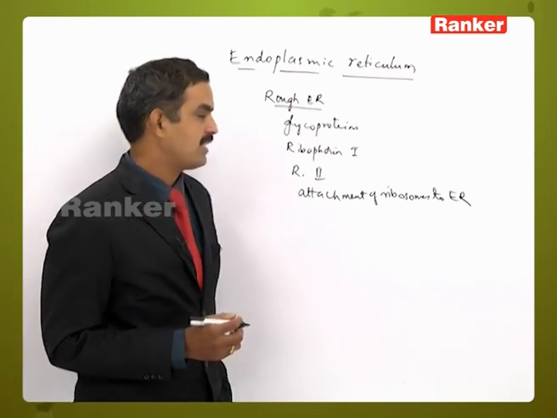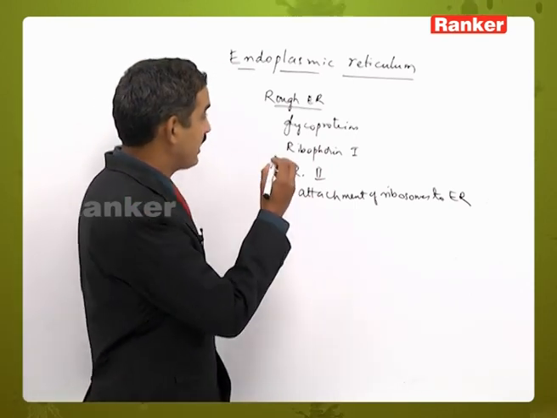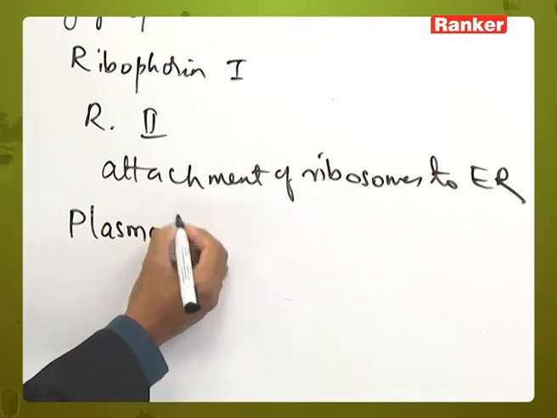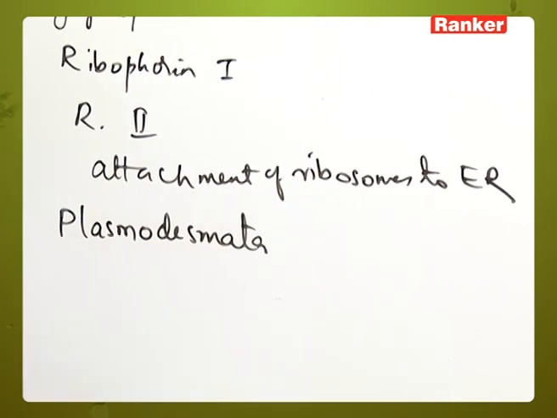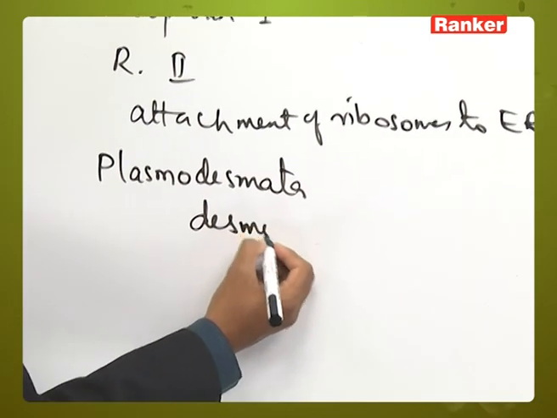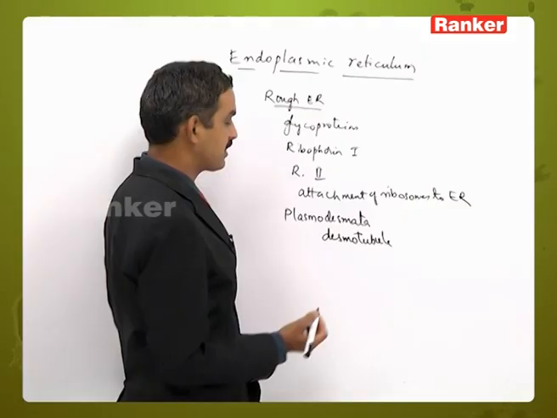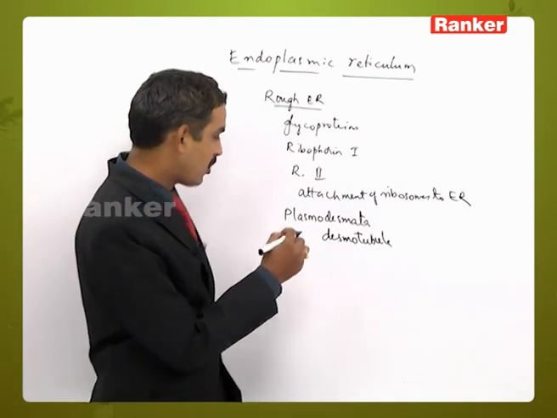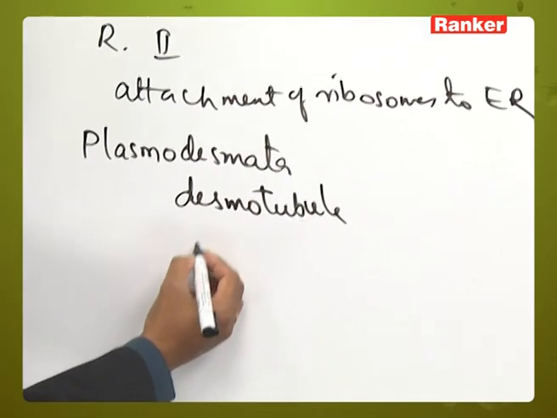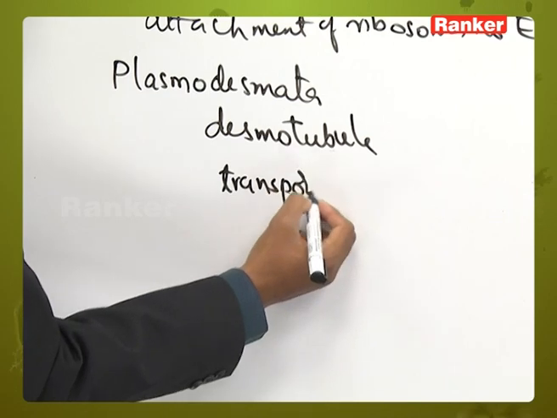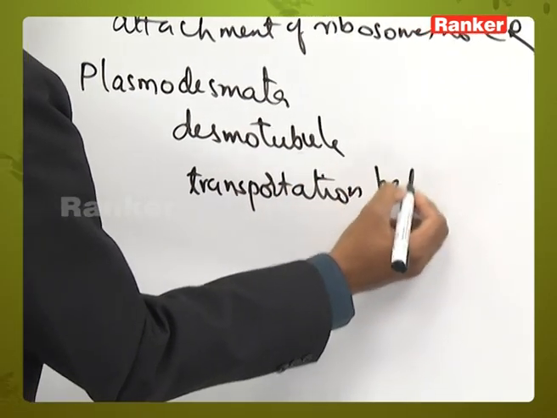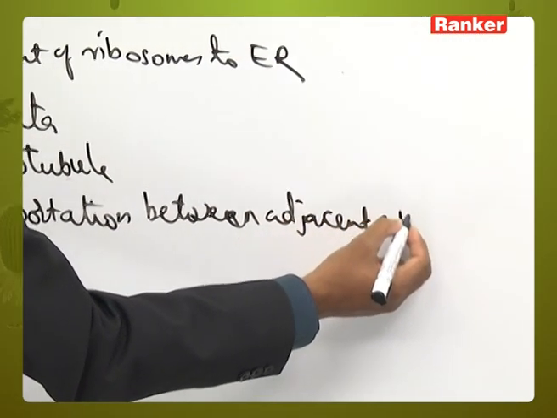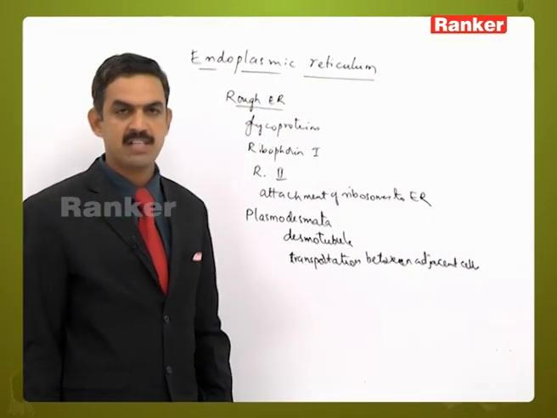And if you see the other functions related to the endoplasmic reticulum, it is also seen in the plasmodesmata region. Wherever the plasmodesmata is present, the endoplasmic reticulum present there is called the desmotubule. Or simply to say, the endoplasmic reticulum in the plasmodesmata is called a desmotubule, and because of this desmotubular structure, it helps in the transportation of various materials between adjacent cells also.